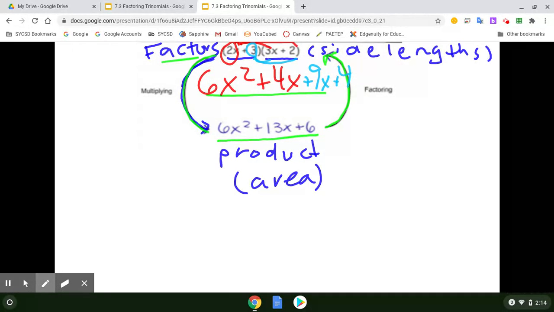So notice in the middle, if we were to add those like terms together, it leads us to the final product. But if we're factoring, the reverse is also going to be true. We're actually trying to break up this middle term of 13x to help us figure out what our factors are.